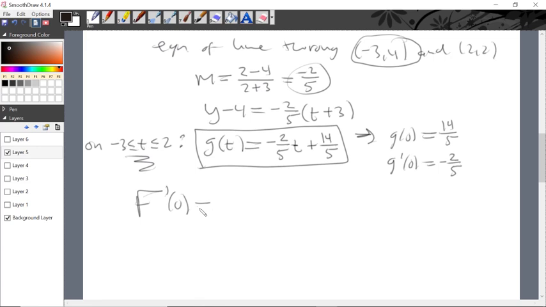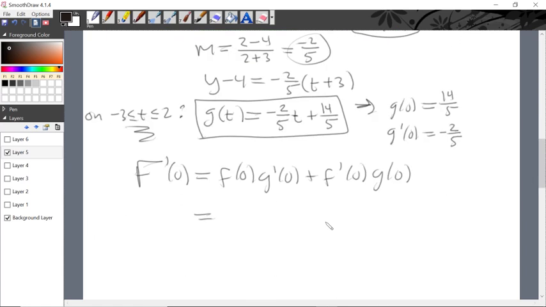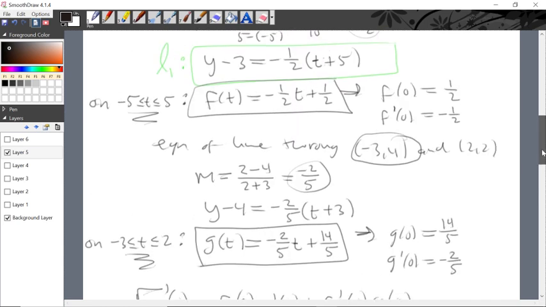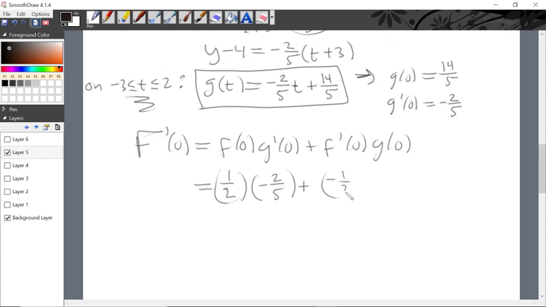Repeating this, f prime of 0 is f of 0 times g prime of 0 plus f prime of 0 times g of 0, which is equal to, let's see, f of 0 was equal to 1/2, g prime of 0 is -2/5, and then plus, f prime of 0 is -1/2, and g of 0 is 14/5.